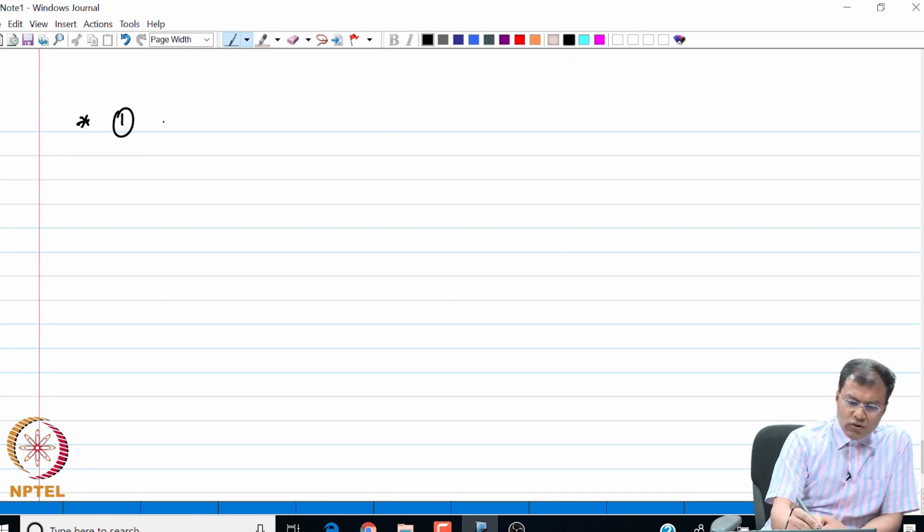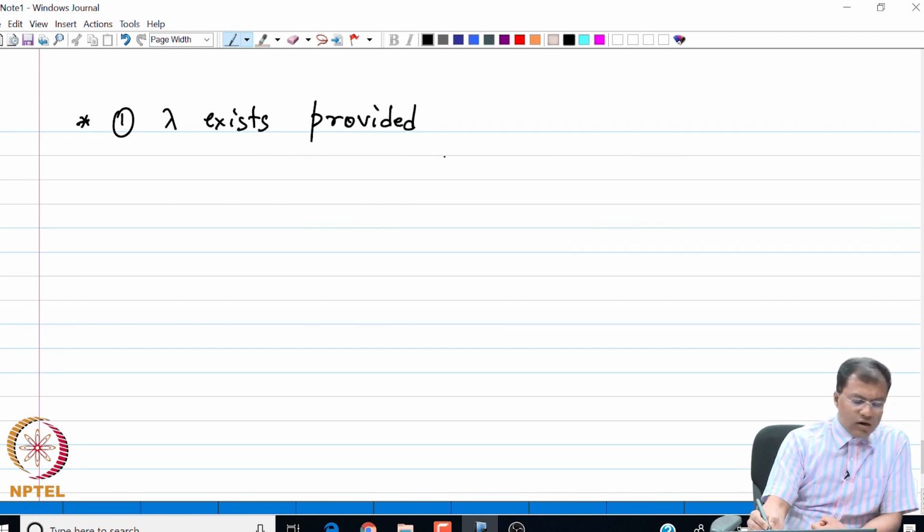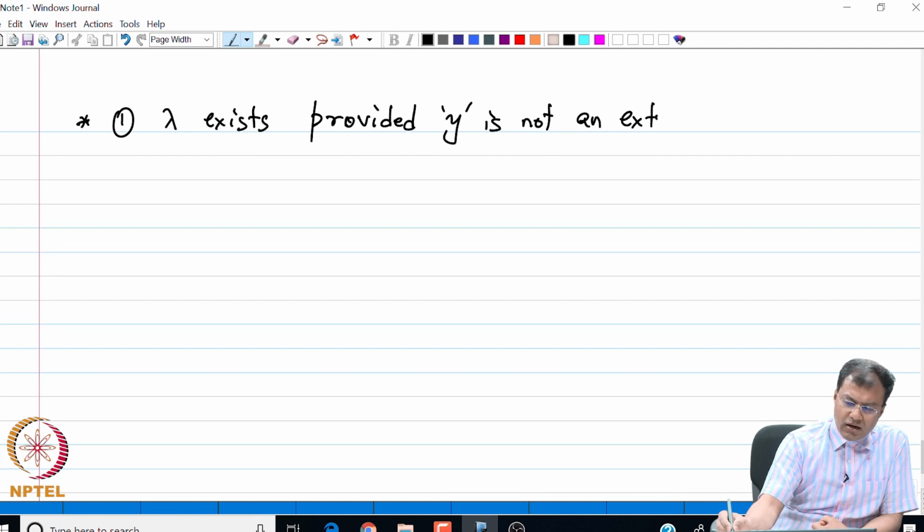So the first issue that I want to highlight is that the Lagrange multiplier lambda in this generalized scenario exists, provided y is not a rigid extremal. It is not an extremal for the functional I. So we are trying to remove the rigid cases, or the abnormal cases, looking only for the normal cases here.